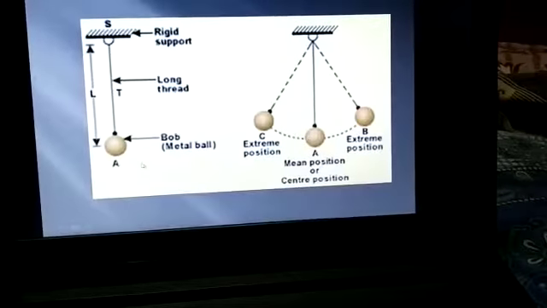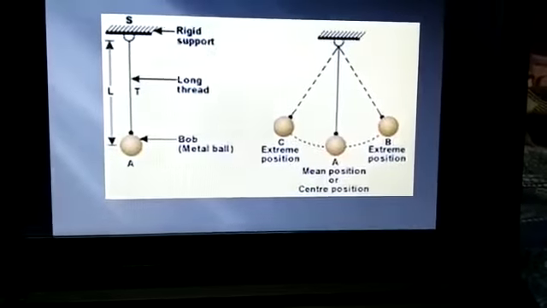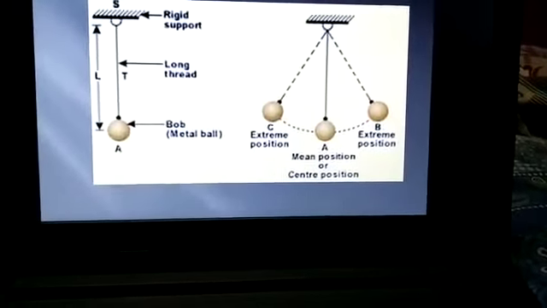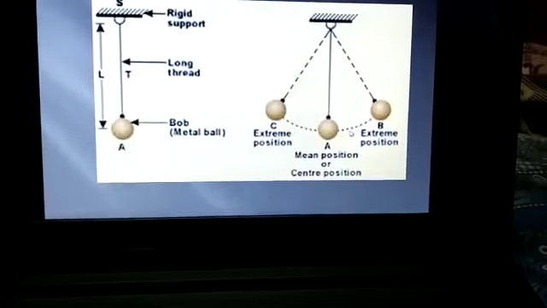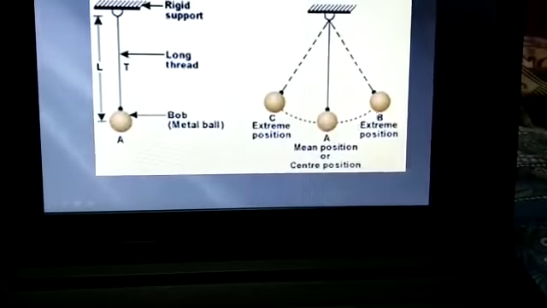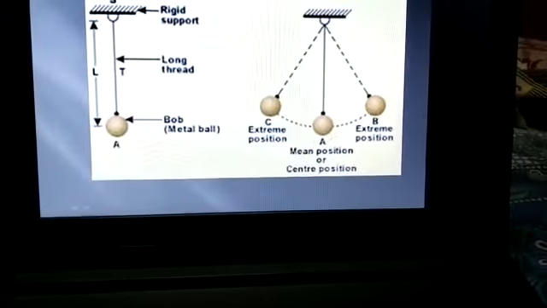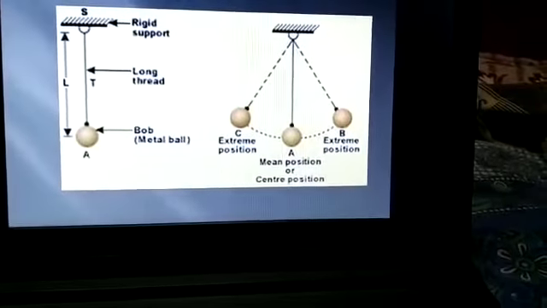When I take this bob a little back and when I leave it, it moves to one place, then again comes back, goes to another place, and again comes back. This is called what? Oscillatory, one oscillation.